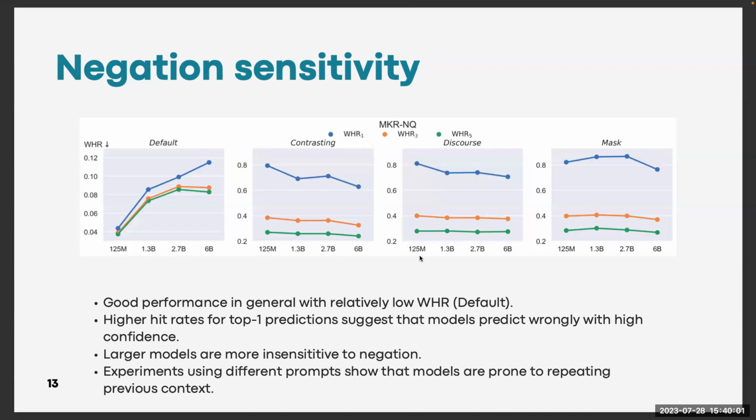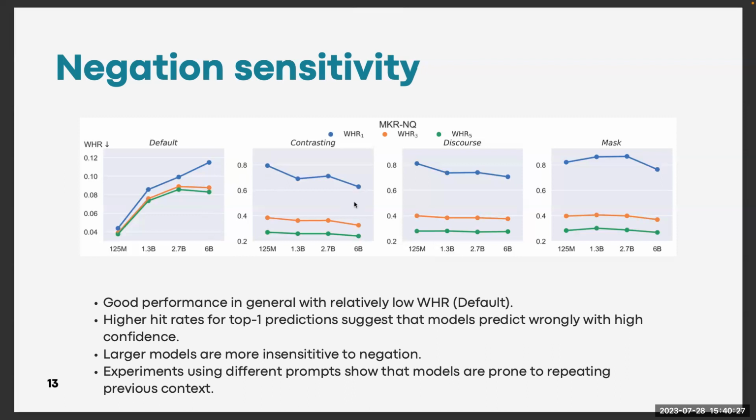On the top one, the WHR increases for the other prompting compared to the default. I assume it's the same scale. This is a different scale, but look at the magnitude: for the 125 model, the default is 0.04 and the other is 0.8.